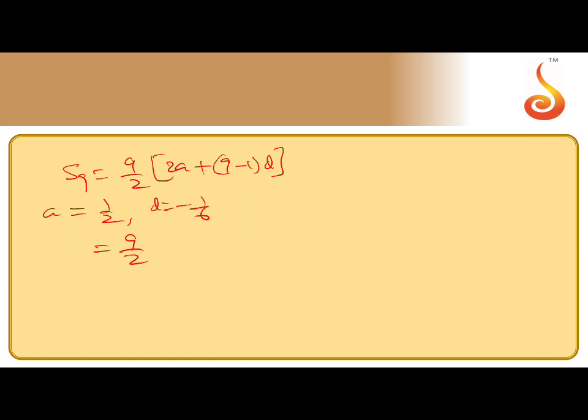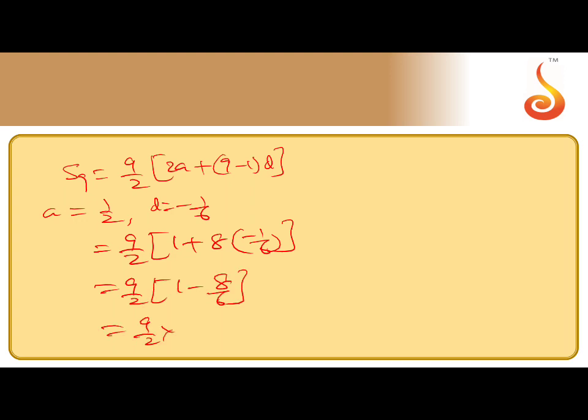Substitute here: 9 by 2, 2 into 1 by 2 is 1, 9 minus 1 is 8 into minus 1 by 6. So 9 by 2 into (1 − 8 by 6). After LCM 6, 6 minus 8 is minus 2, minus 2 by 6. So cancel, and this gives minus 9 by 6, which is minus 3 by 2, the answer.